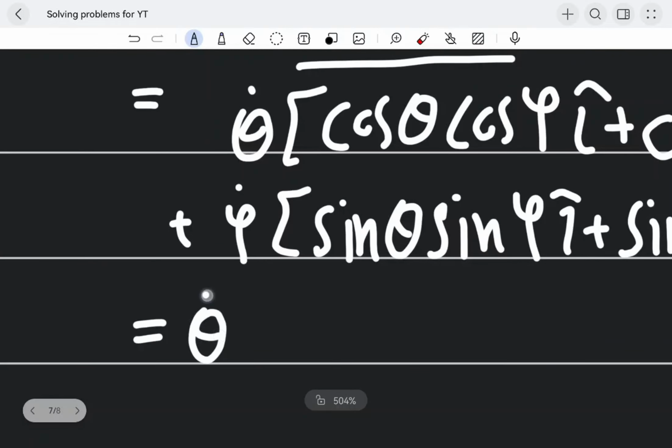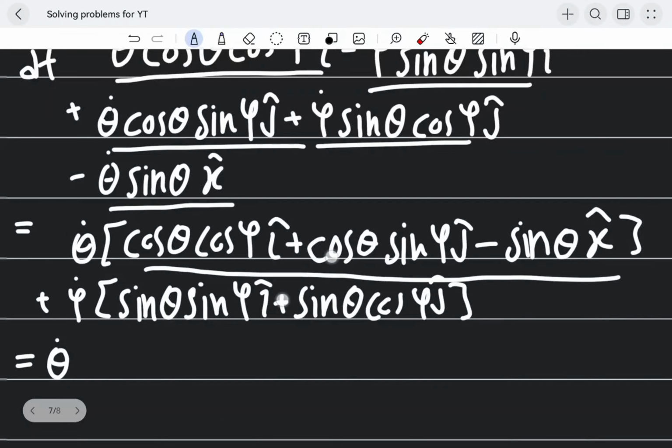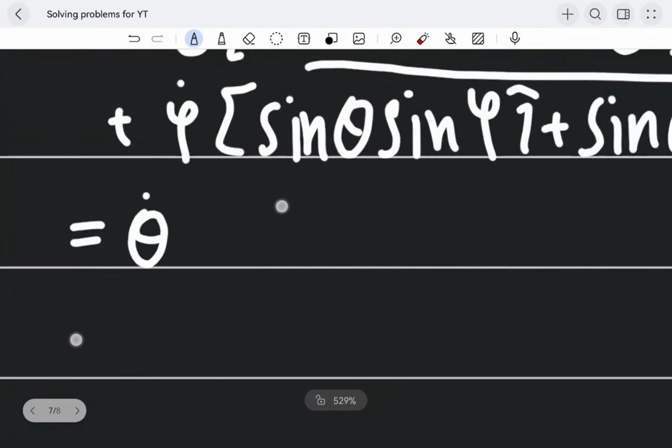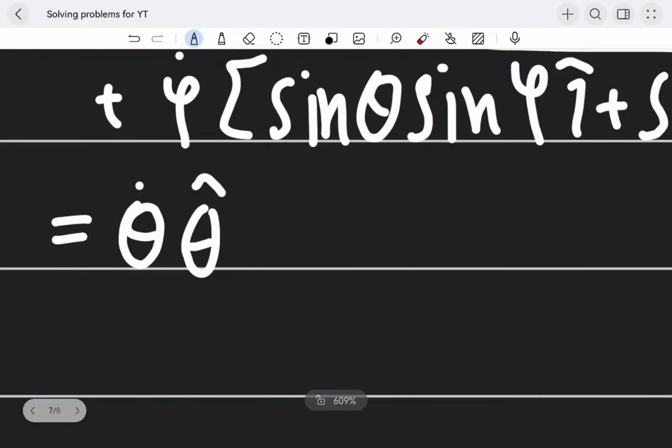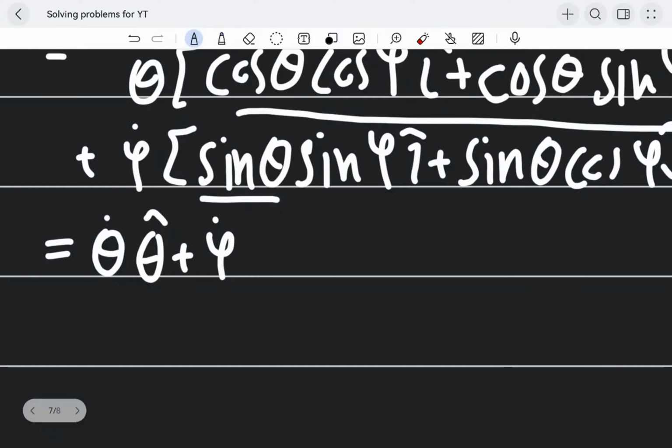So the first thing, theta dot, this thing is so familiar, it is just theta hat. So we can write it in that form, plus phi dot, and we can take sine theta as a common factor here.